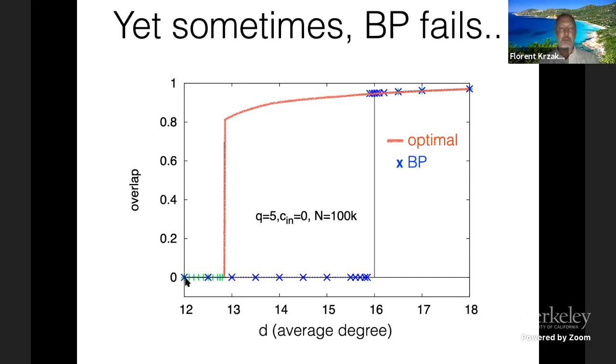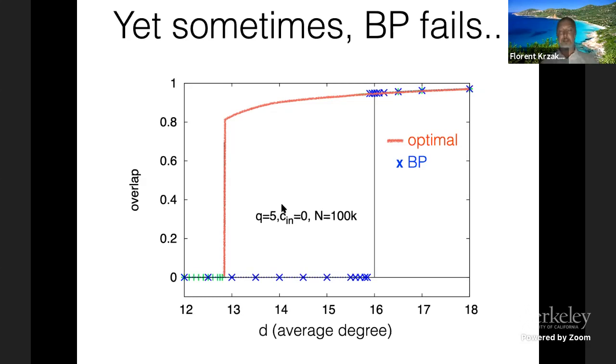Now the optimal overlap we should get, information theoretically, is this one, but it jumps spectacularly here. And if we run BP instead, well, here we don't find anything better than a random guess until we reach 16, where boom, magically we start to get the optimal solution again. So there is this whole region where BP entirely failed.